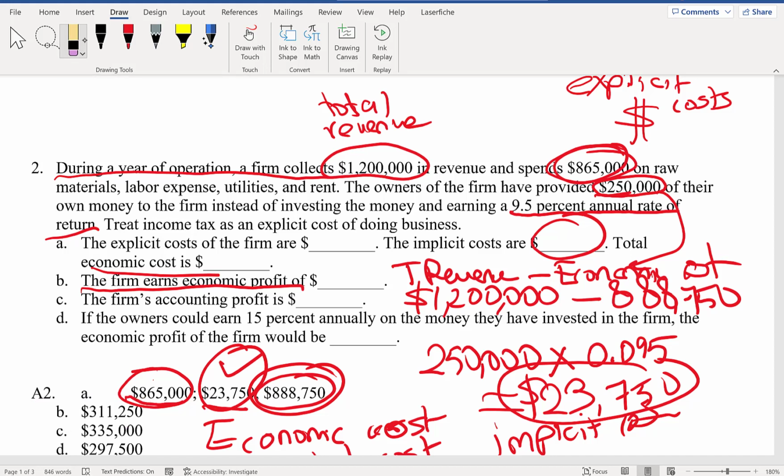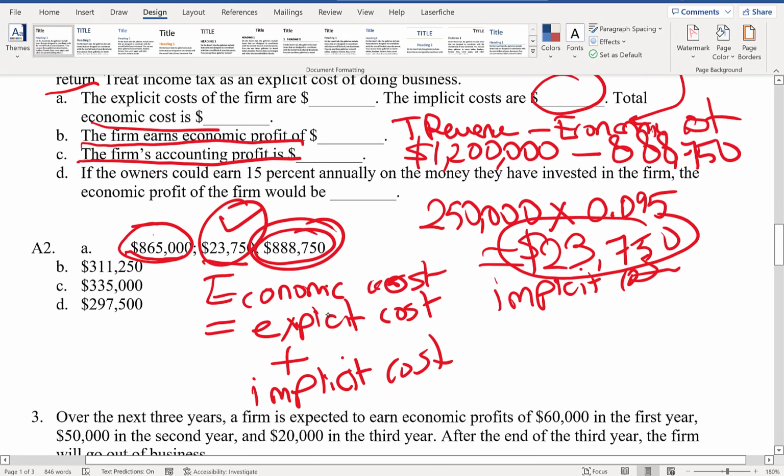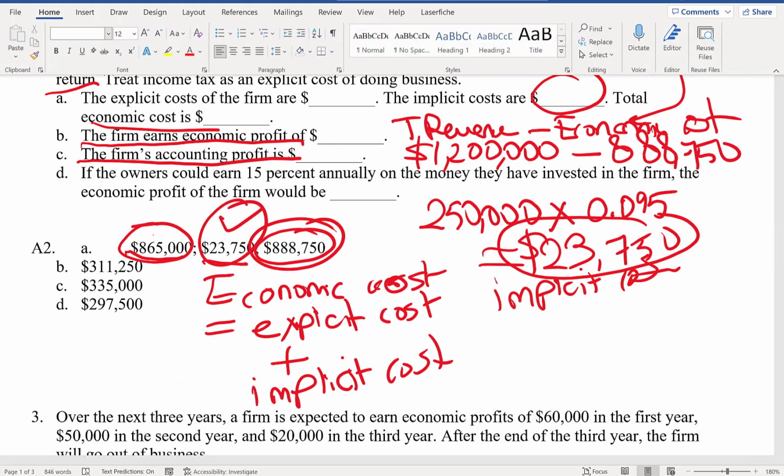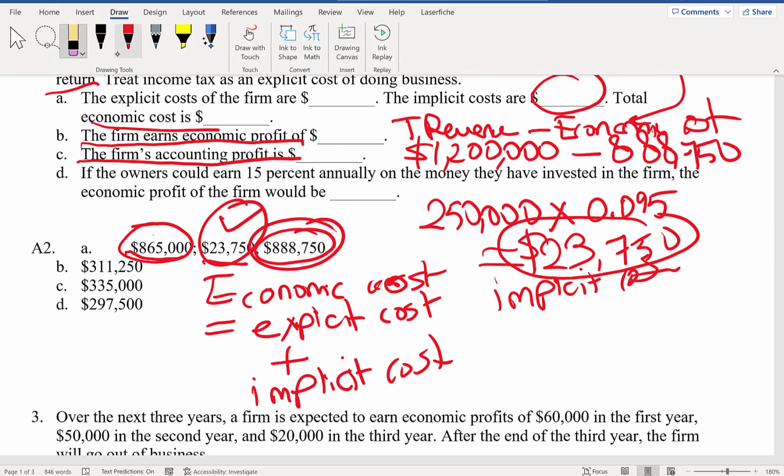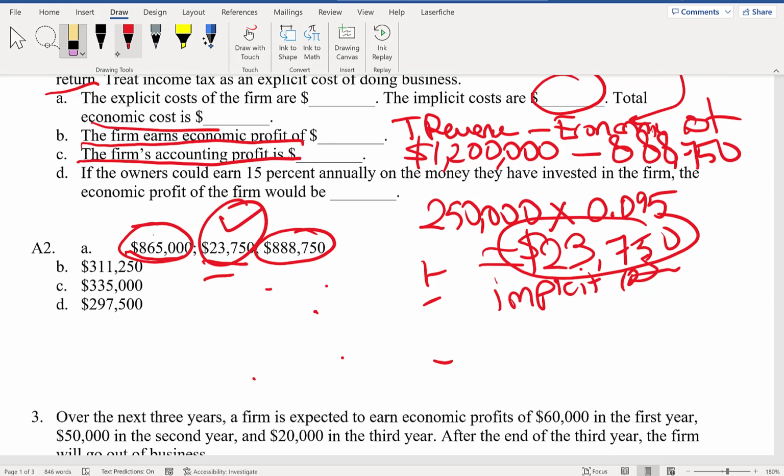The firm's accounting, what's the firm's accounting profit? Okay, that's easy. Accounting profit, let me open up some space here. Accounting profit is going to be the difference between accounting. We're going to use pi for profits, Greek letter pi.